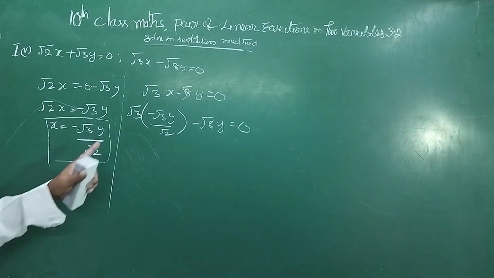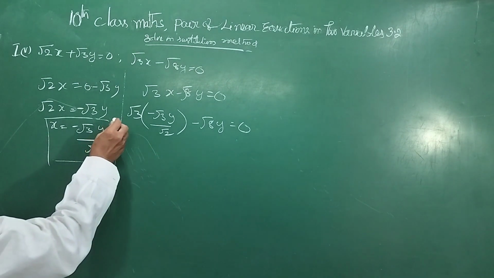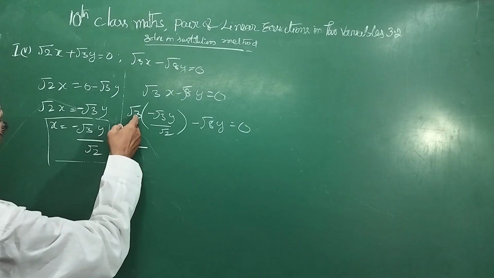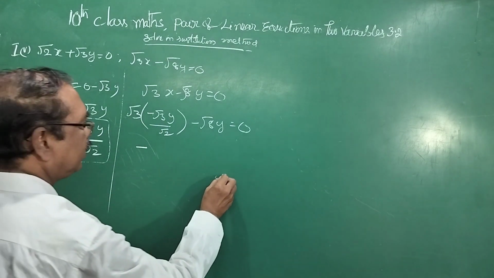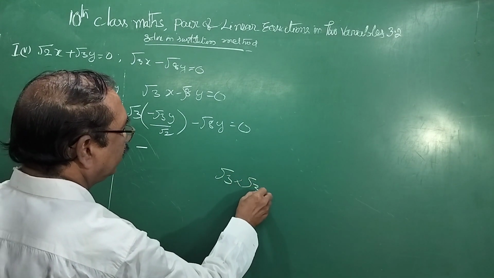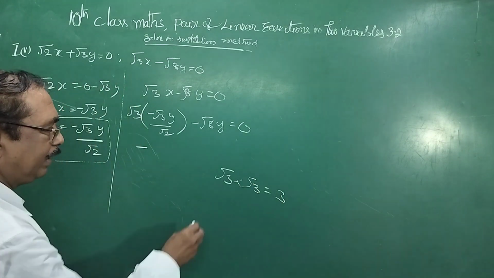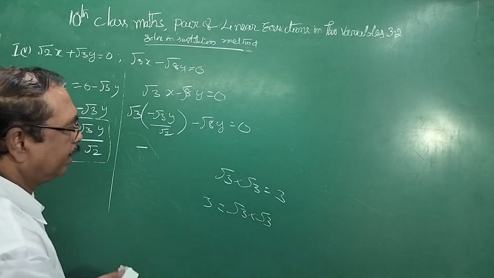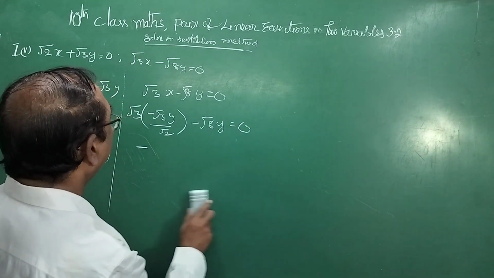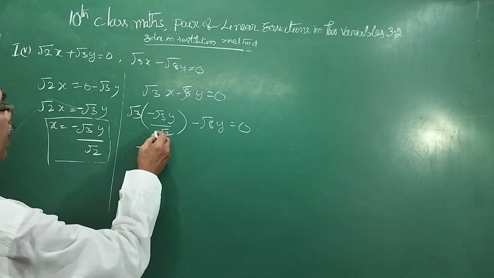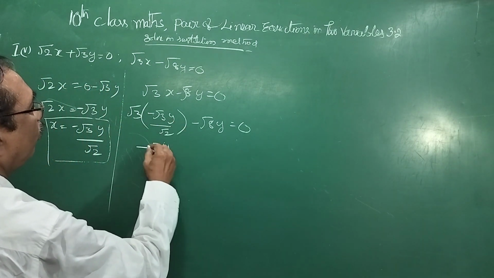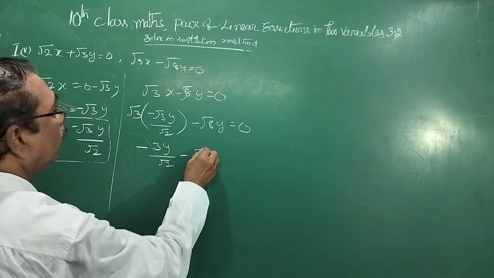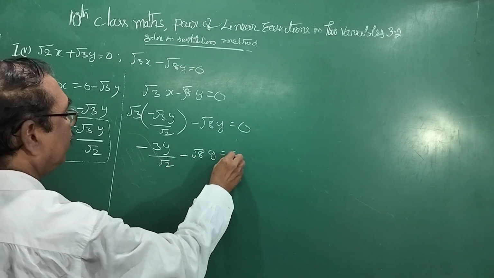Minus root 8y is equal to 0. First of all, let us simplify it. It is plus into minus, root 3 into root 3. Root 3 into root 3 is equal to 3, since 3 can be written as root 3 into root 3. So we have 3y by root 2 minus root 8y is equal to 0.